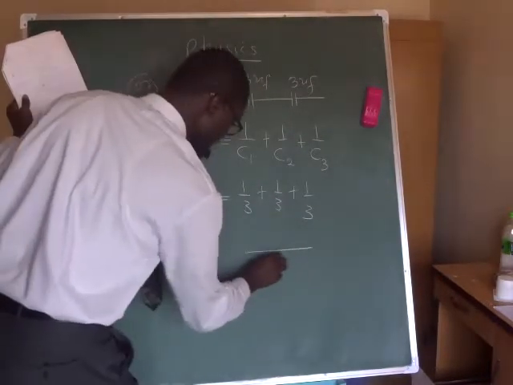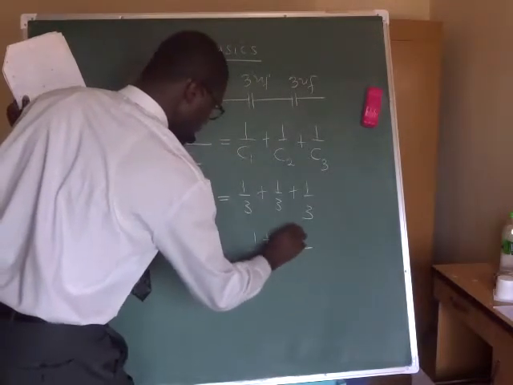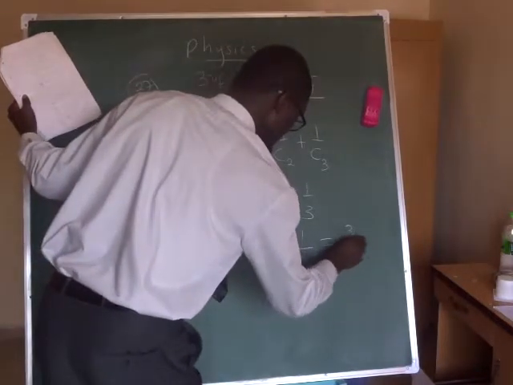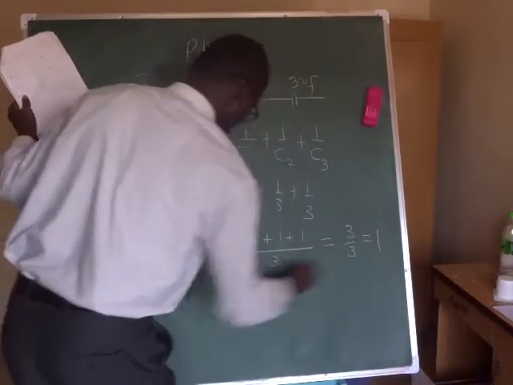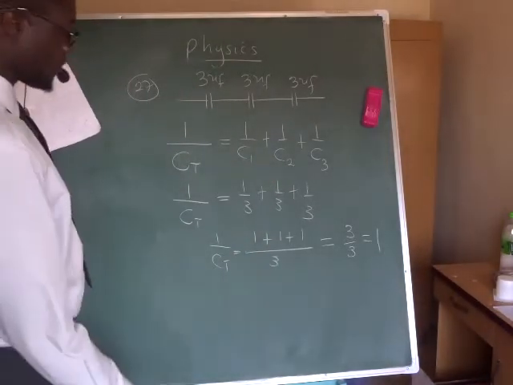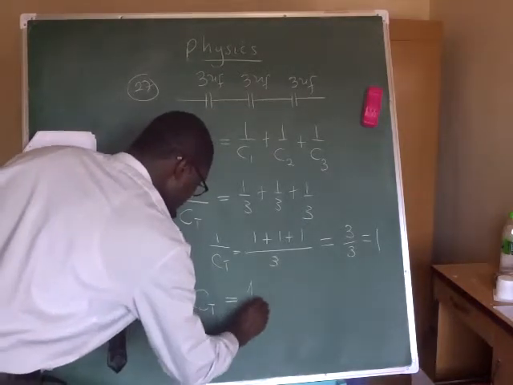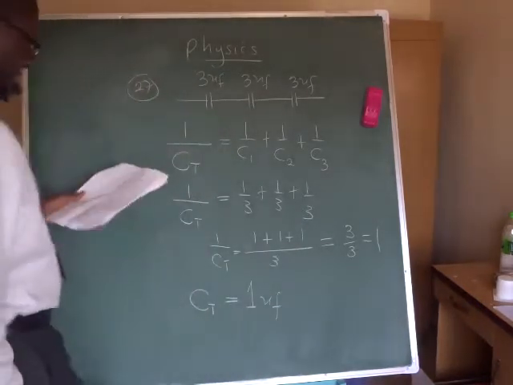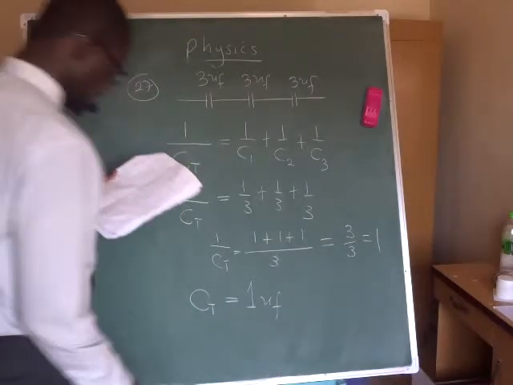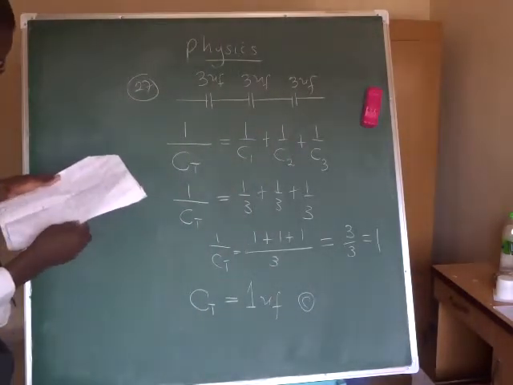My LCM is 3. So I have 1 plus 1 plus 1, which is 3 over 3, which is equal to 1. So my 1 over C total is equal to 1. Therefore, my C total is also equal to 1 microfarad, since we take the inverse. And that is option C. Question 27, the answer is option C.